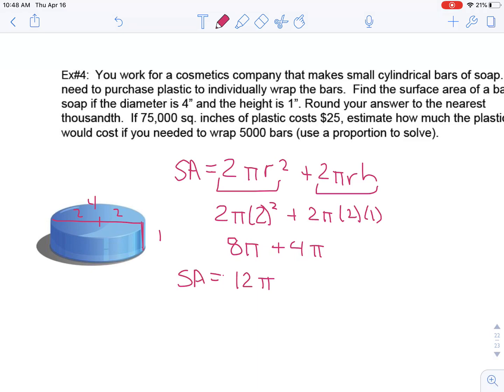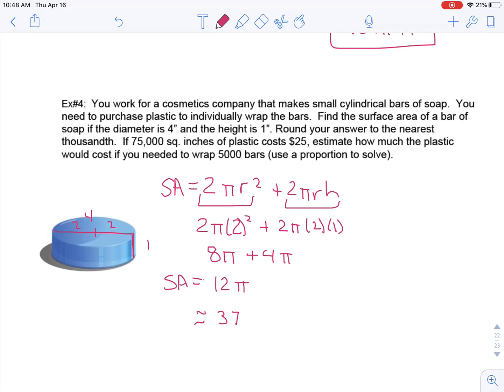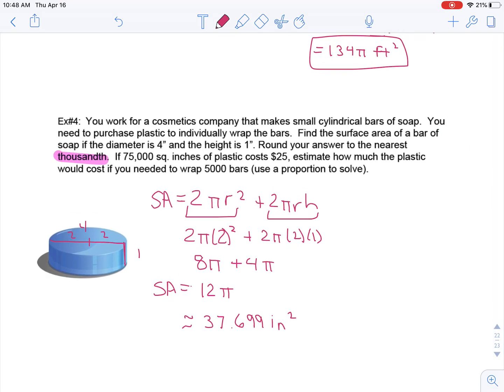Now, as we were talking, we don't want to worry about pi, so this 12 pi is about 37. Now, they say round your answer to the nearest thousandth, so 37.699 inches. This is inches squared because we are dealing with surface area.